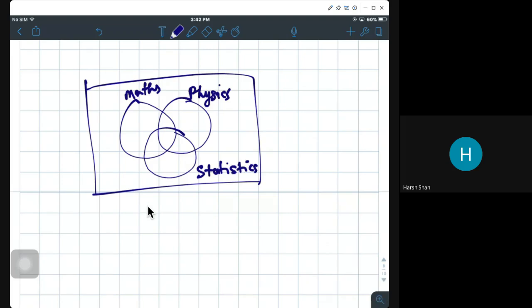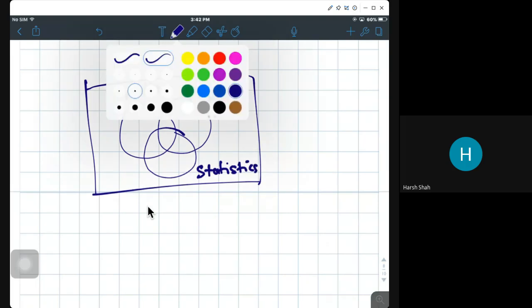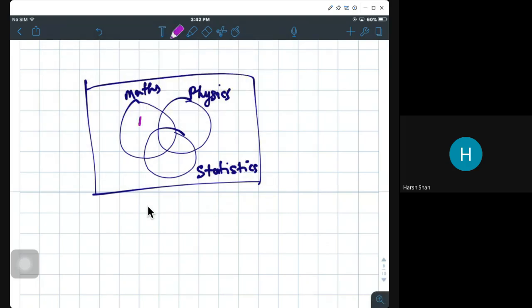Then I have regions which I'll write as A, B, C, D, E, F, G. This is a notation. I am just assuming regions, right? This A region means only this part, not the boundary.